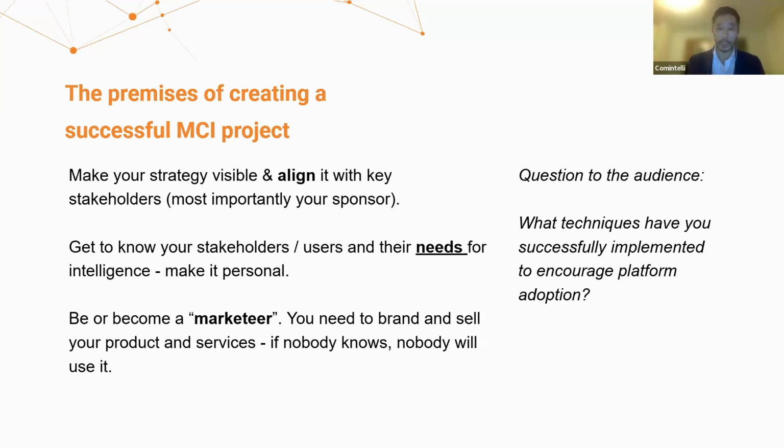So you need to say, what is the strategy for the next period? What do we need to achieve in order to be successful? Align that with the key stakeholders and have them commit to this is what we're going to do. Then you have a very targeted and focused approach to your activities going forward. Get that handshake. That's important.